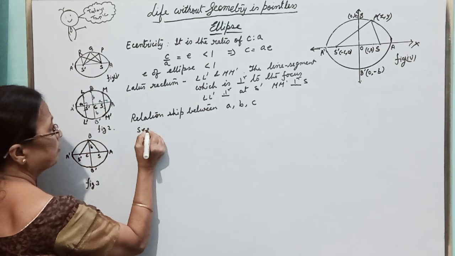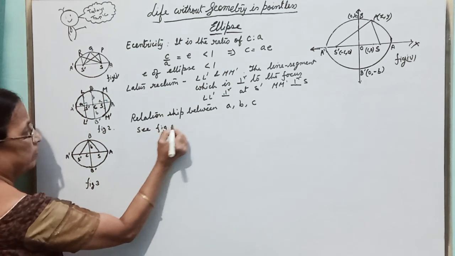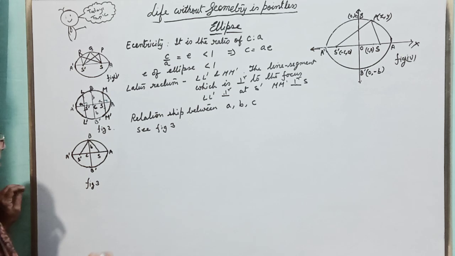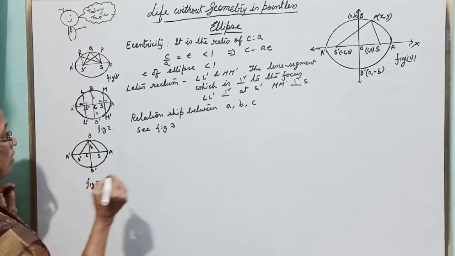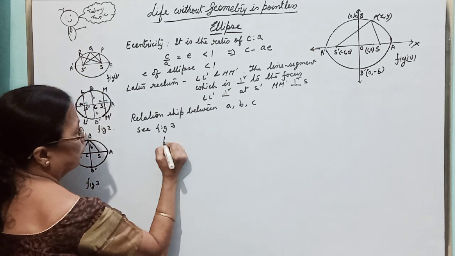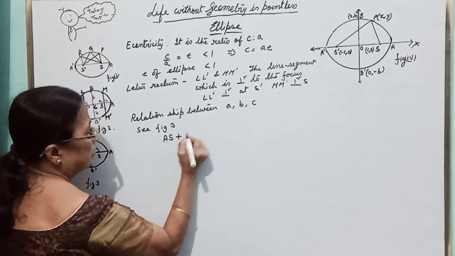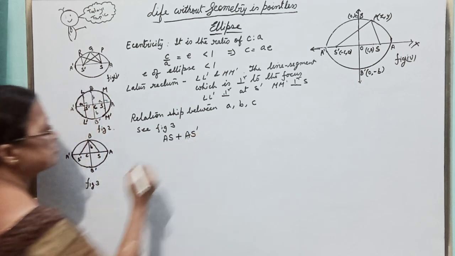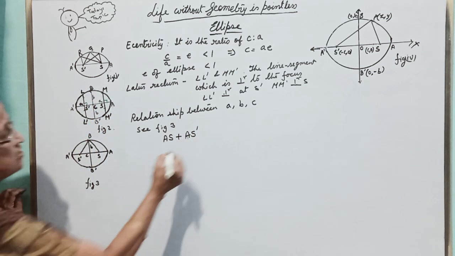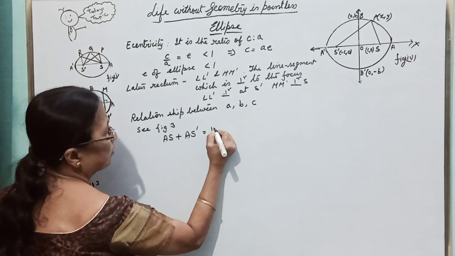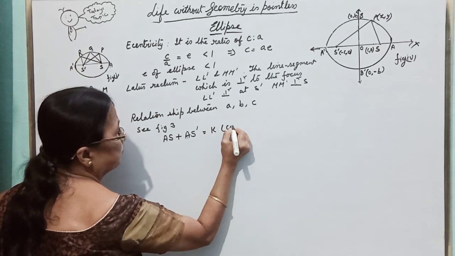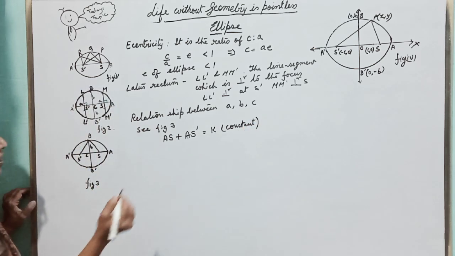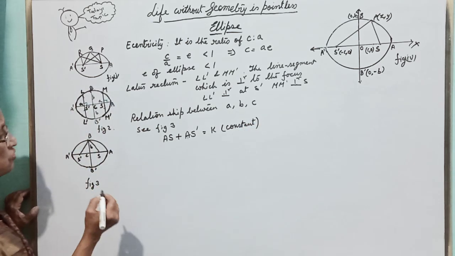See figure 3. We have joined BS and BS dash. What is the definition of the ellipse? AS plus AS dash is equal to a constant. Let it be K. I can write AS plus AS dash is equal to K.